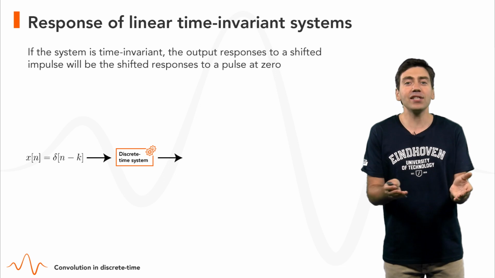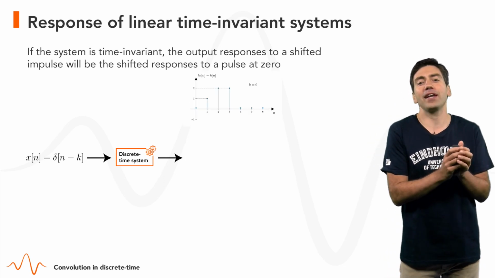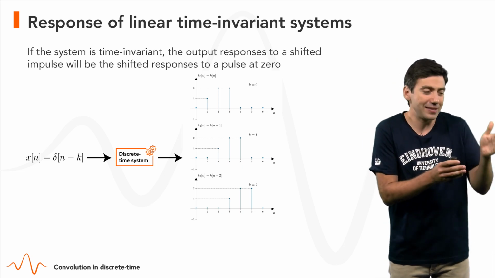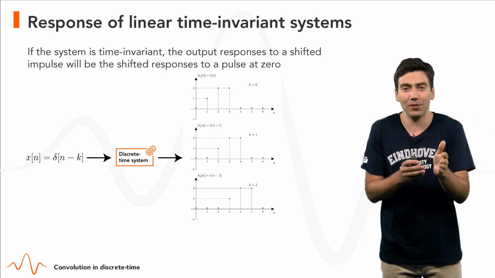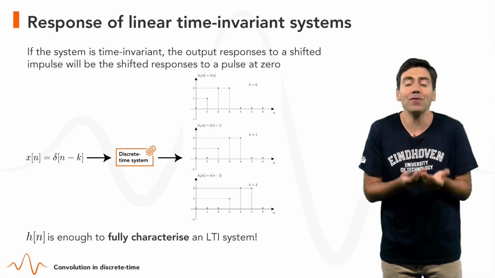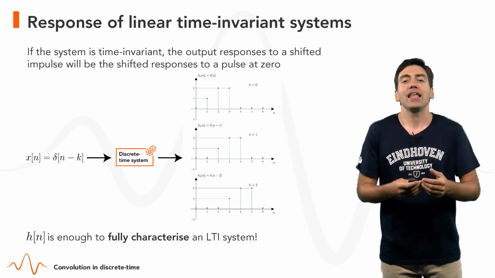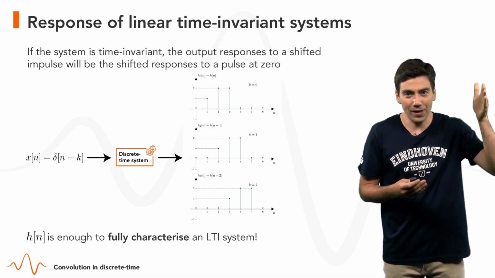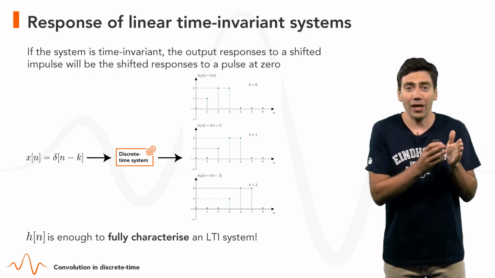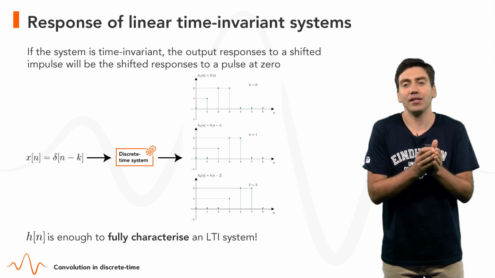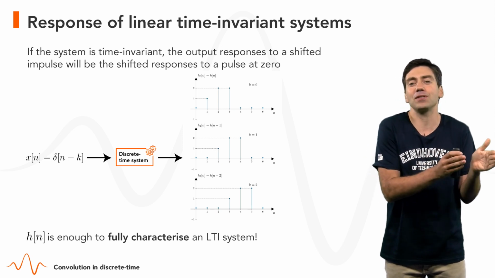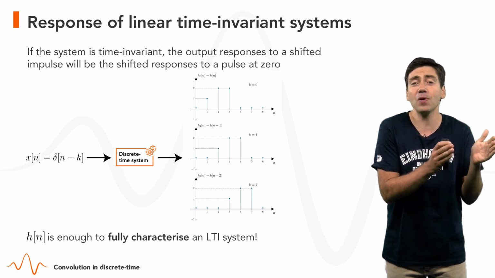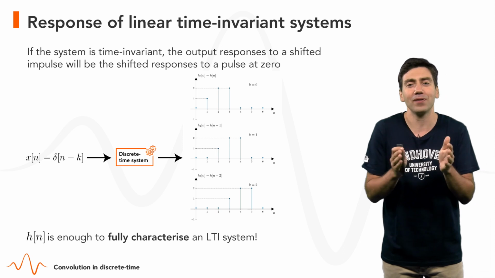This means that all the signals h0 of n, h1 of n, h2 of n, corresponding to impulses at time n equals 0, n equals 1, n equals 2, can be computed from a single h of n, which is nothing more than the impulse response of an impulse at time 0. And all these h0, h1, h2 will be shifted versions of this h of n. So it will be h of n minus 0, h of n minus 1, h of n minus 2.